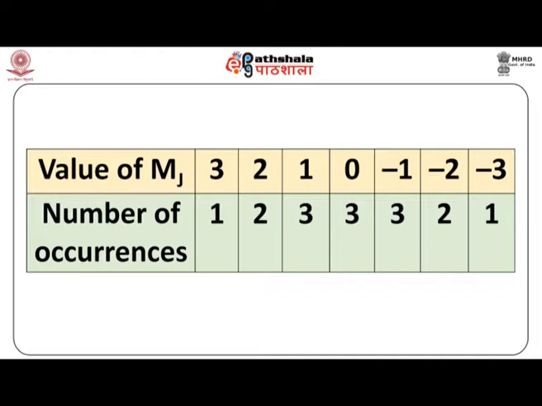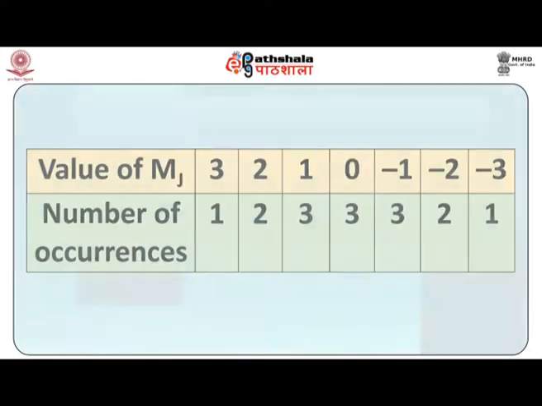Now, if we look at the combinations of mj1 and mj2, we find that the value +3 occurs once, the value +2 occurs twice, the value +1 occurs thrice, the value 0 occurs thrice, the value -1 occurs thrice, the value -2 occurs twice and the value -3 appears only once.